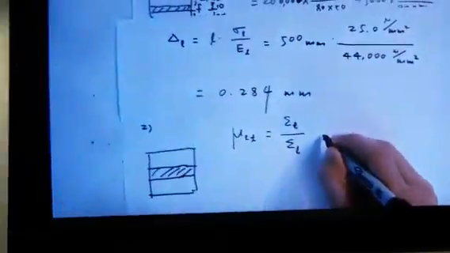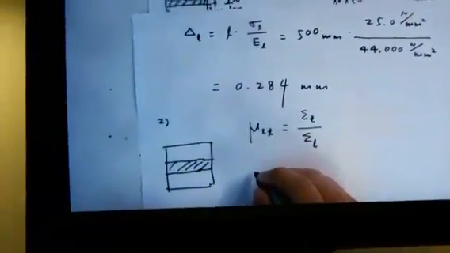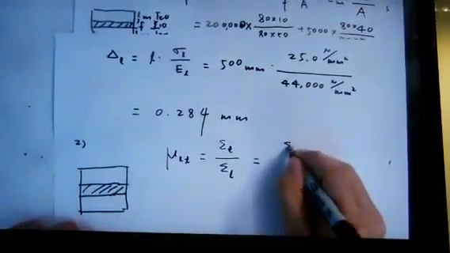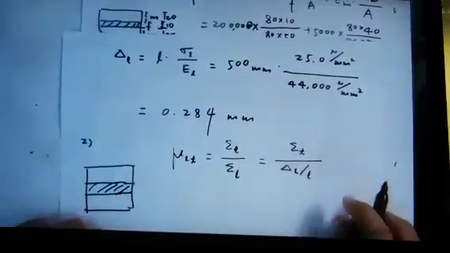And we can calculate mu LT first because we calculated epsilon L already. So epsilon L is delta L divided by L.